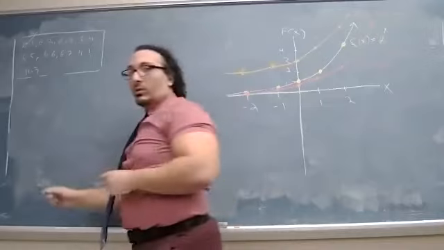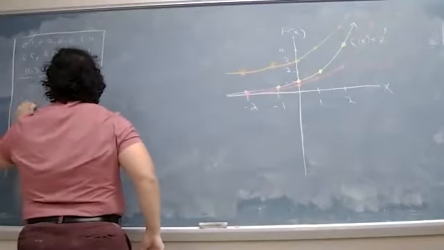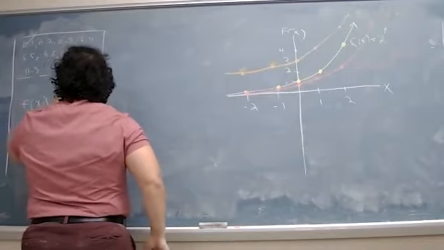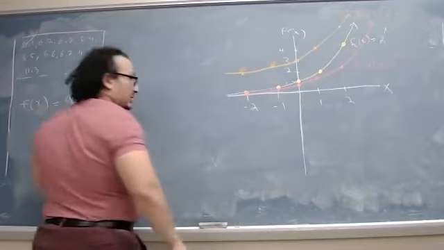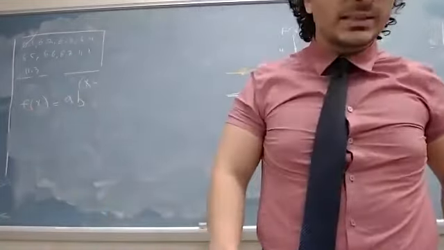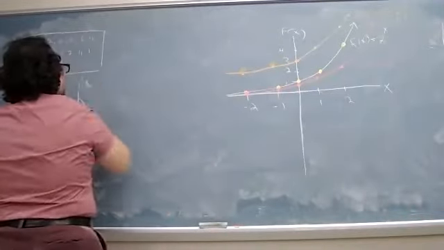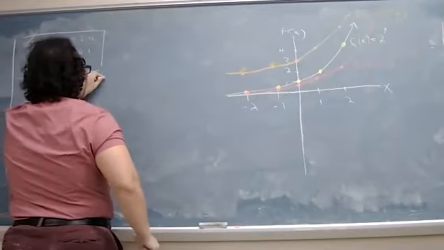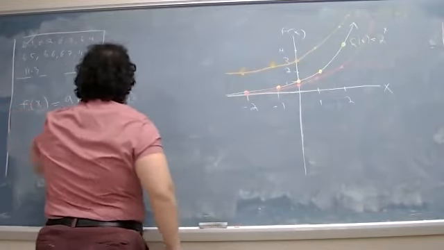So in general, our exponential functions are of the form f of x is equal to a b raised to the x minus or plus c, plus or minus d.